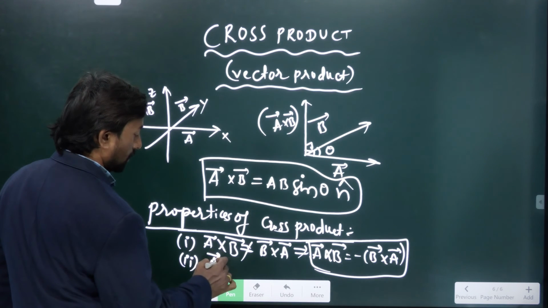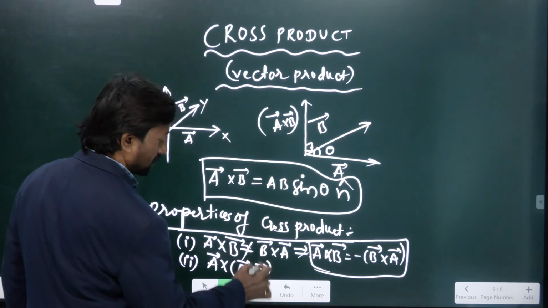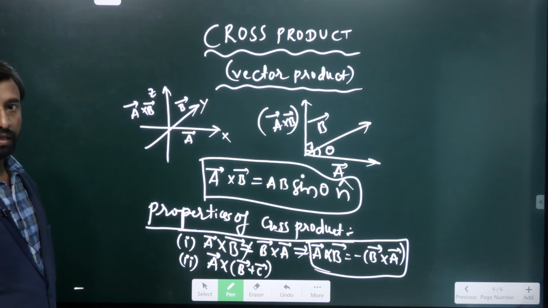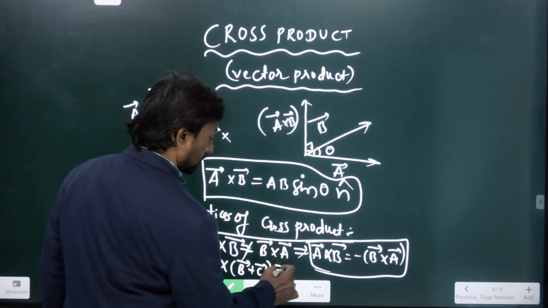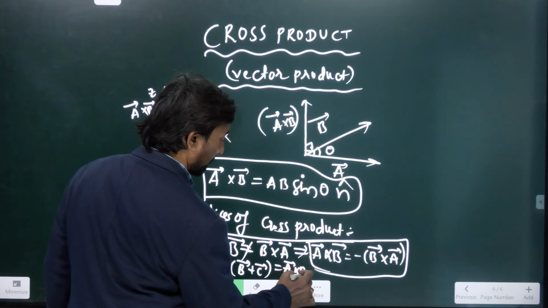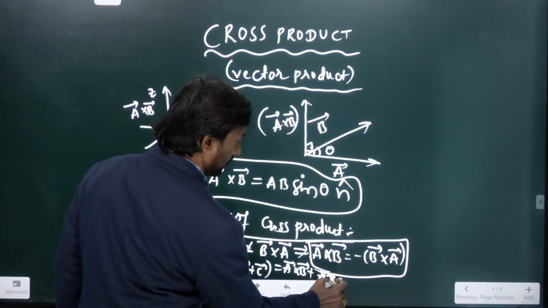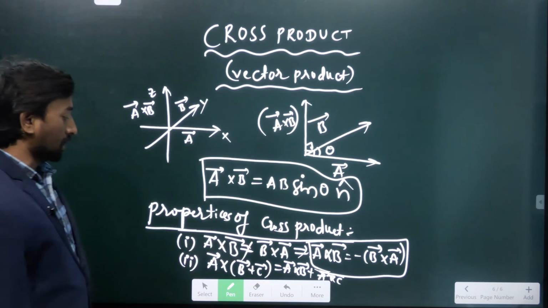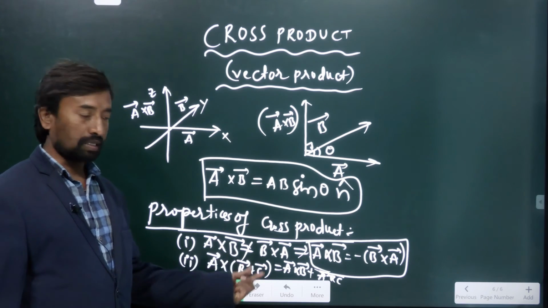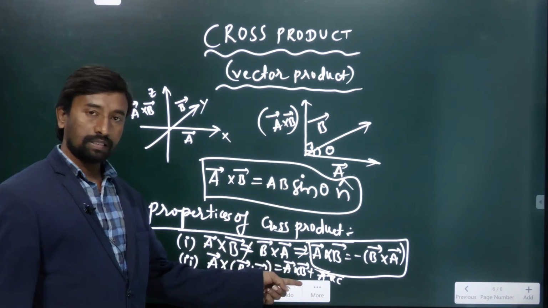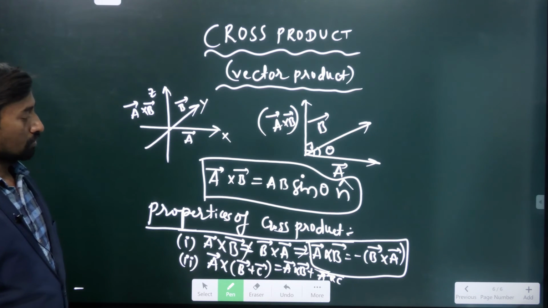So a bar cross (b bar plus c bar) is nothing but a bar cross b bar plus a bar cross c bar. Okay, so a bar cross (b bar plus c bar) equals a bar cross b bar plus a bar cross c bar. Those are the two laws.